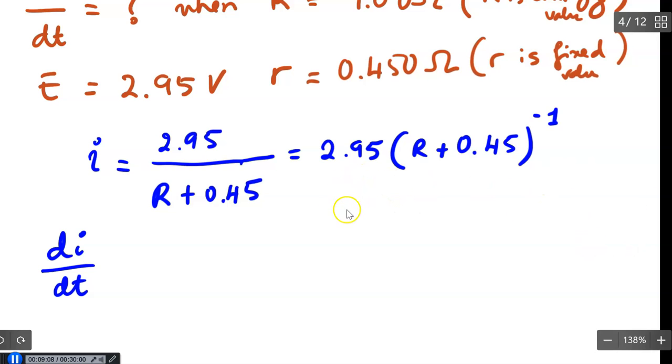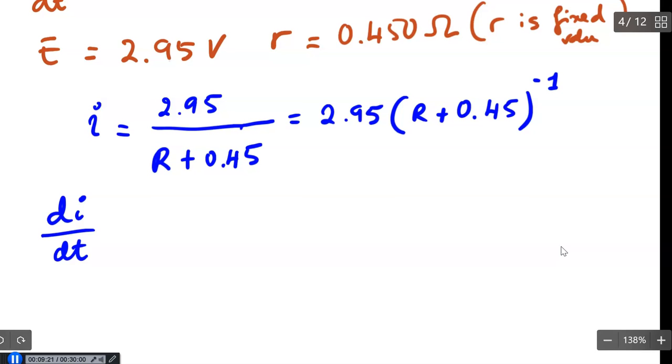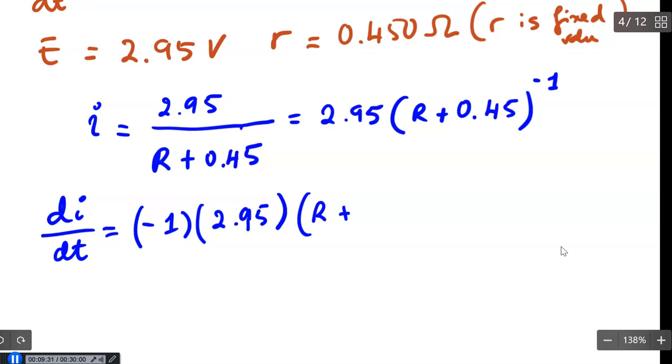Then all I have to do is apply the power rule with the chain rule, and I don't have to worry about the quotient rule in this case. So I take minus 1, multiply by 2.95, and at the same time take 1 away from the exponent, which gives negative 2.